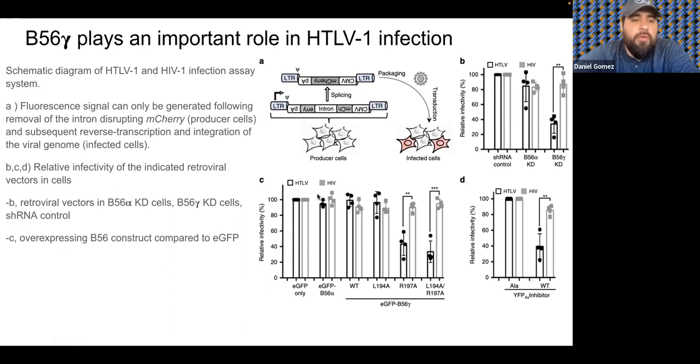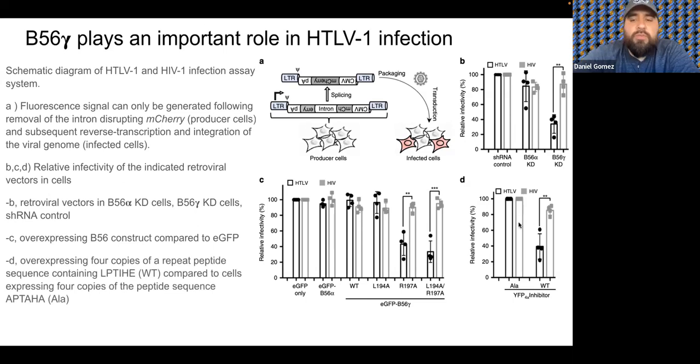In C here, we have an overexpressed B56 construct compared to eGFP, that's enhanced GFP, which shows a stronger signal than GFP. And here you have the other B56 constructs that are compared to that. You can see these constructs include the 197A mutation, with a significant reduction in infectivity, as well as this L194A mutation.